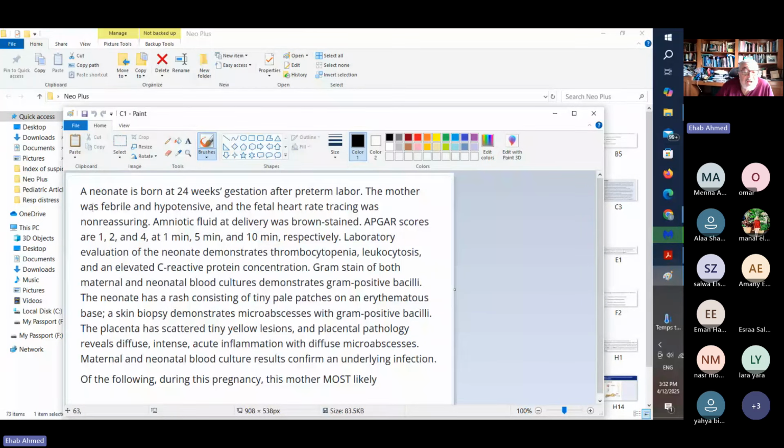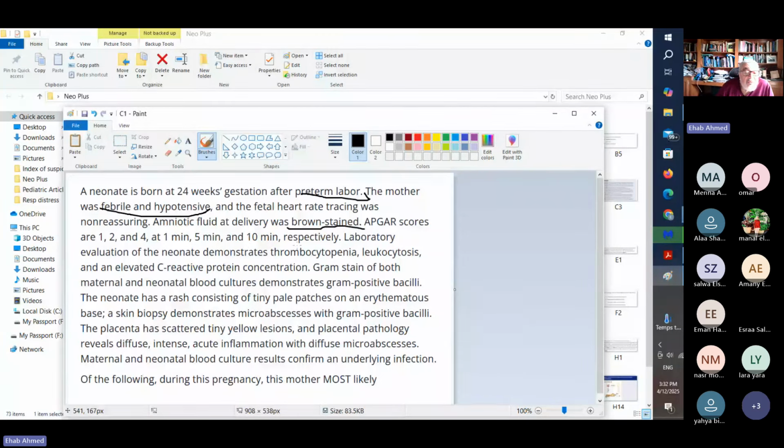Mom was febrile and hypotensive, and she went into preterm labor, and amniotic fluid was brown stained. Apgar scores 1, 2, and 4. Very bad Apgar scores.